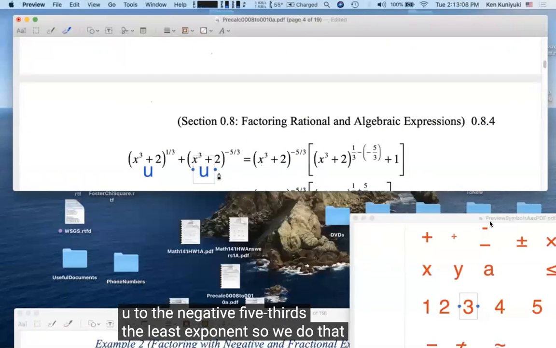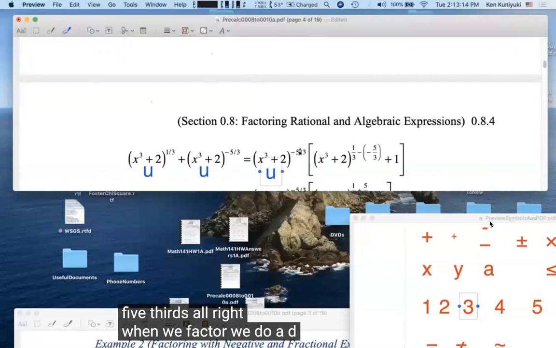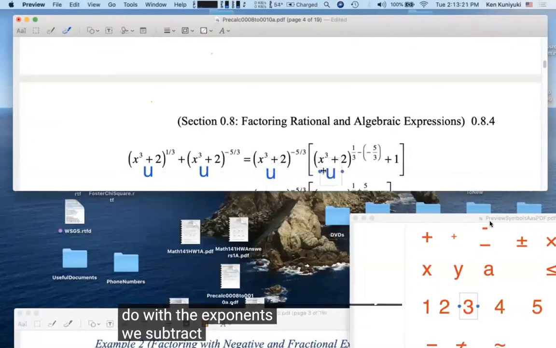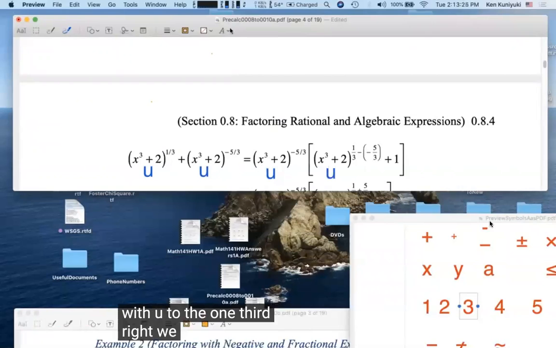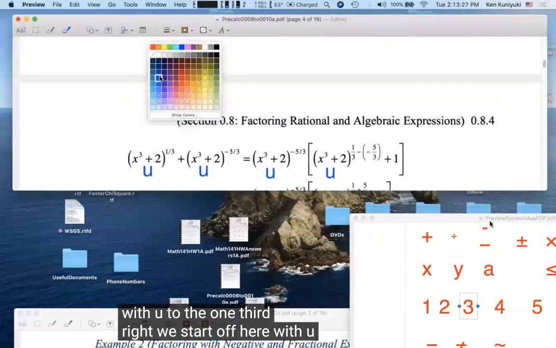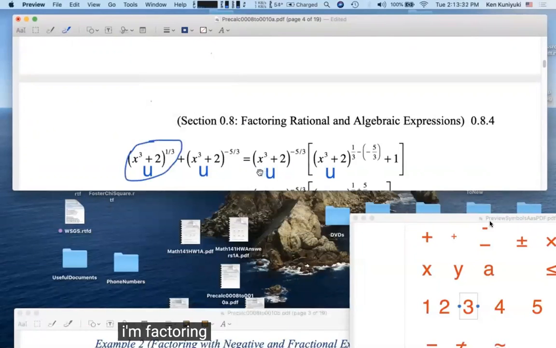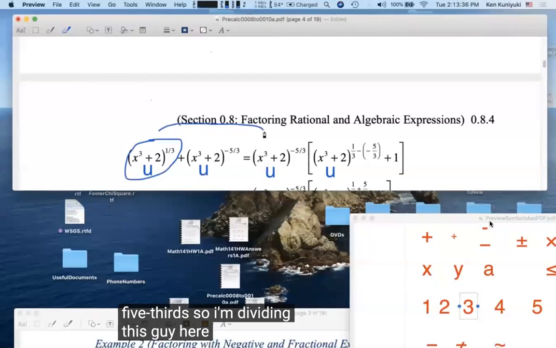So when we do that, we're going to get u to the negative 5/3. When we factor, we do a D word. We divide. When we divide powers of u, what do we do with the exponents? We subtract them. So we start off here with u to the 1/3. I'm factoring out u to the negative 5/3, so I'm dividing this by u to the negative 5/3.